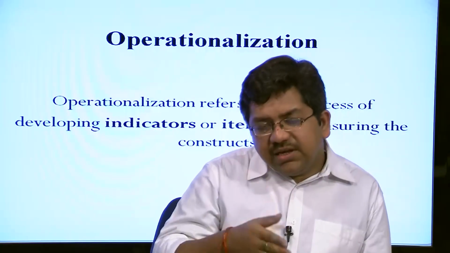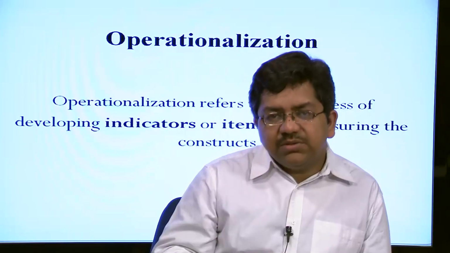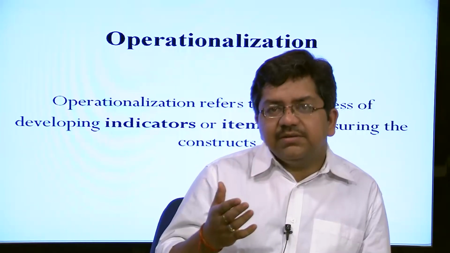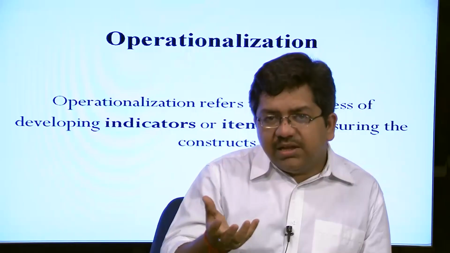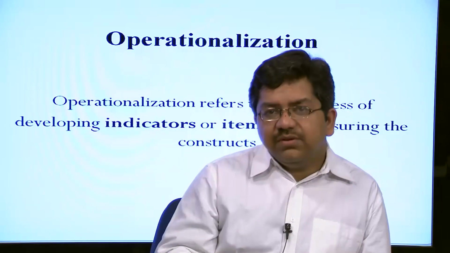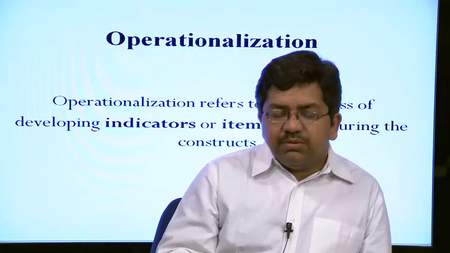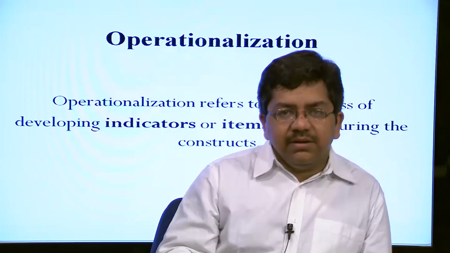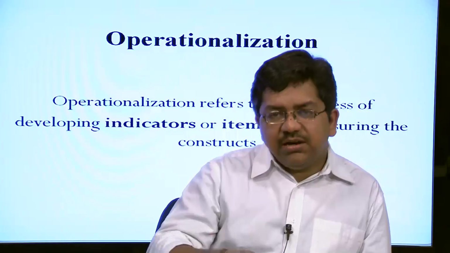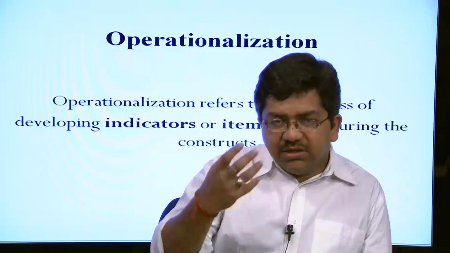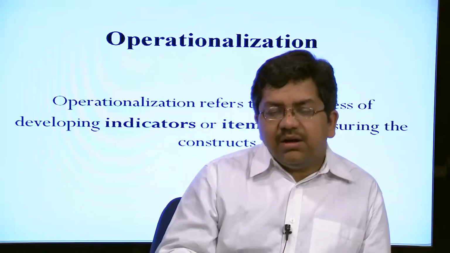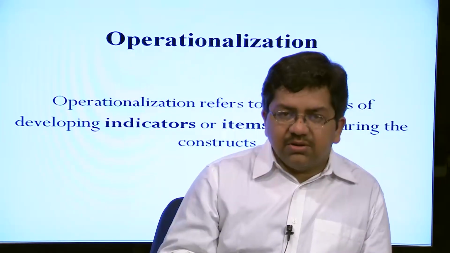There could be a variation among these indicators depending on the level of customer satisfaction, but they will certainly exhibit certain properties. So, if you can understand and measure those indicators, you can understand that construct or concept.